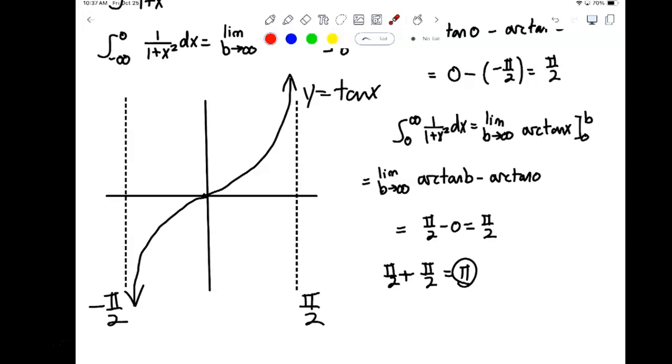And so, therefore, this does actually converge, and it converges to just pi.